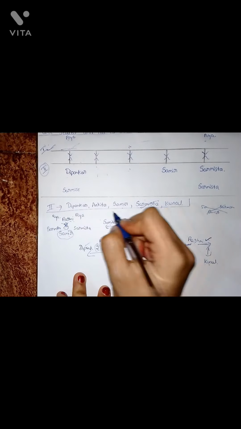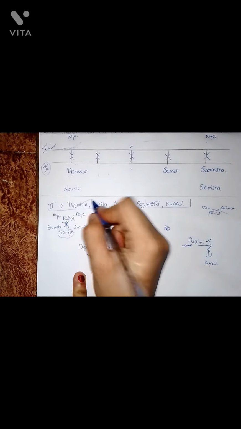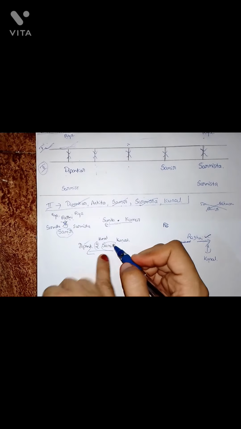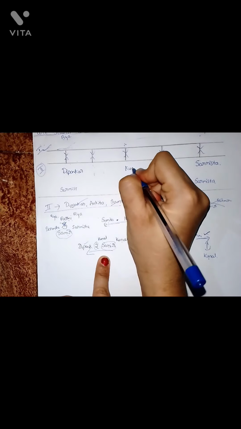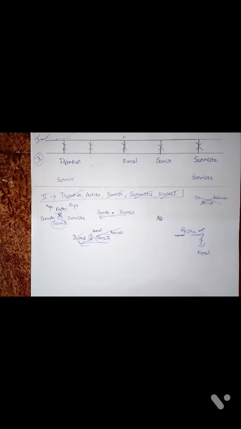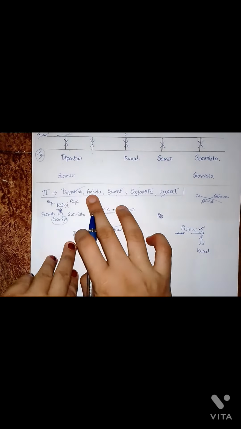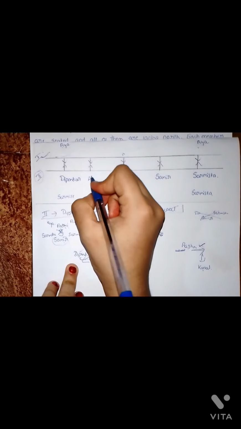Sharmishta is done, Samir is done, Deepankar is done. Next, Kunal is the neighbor of Samir, so Kunal is also done. This statement is over, so we tick it. The remaining one is Ankita, who will obviously come here.